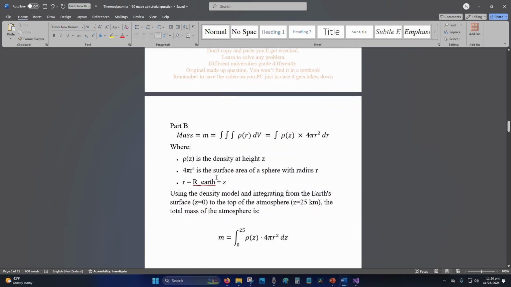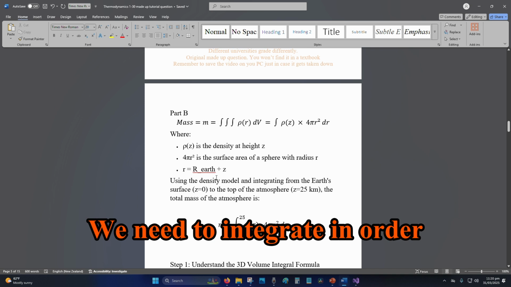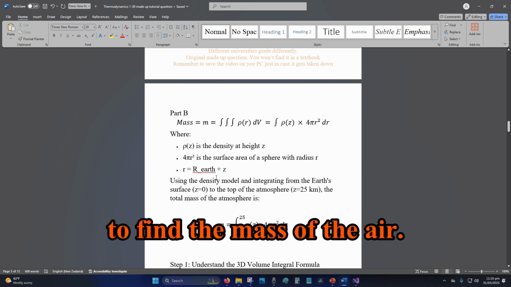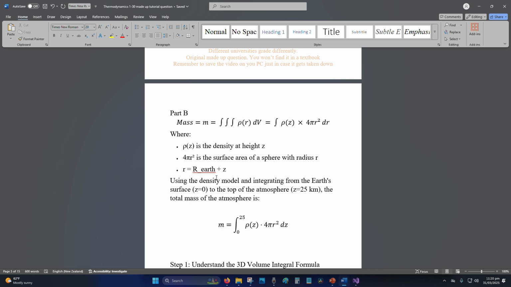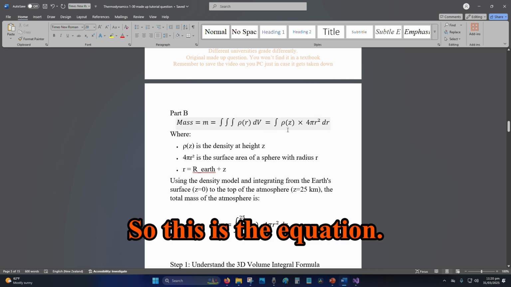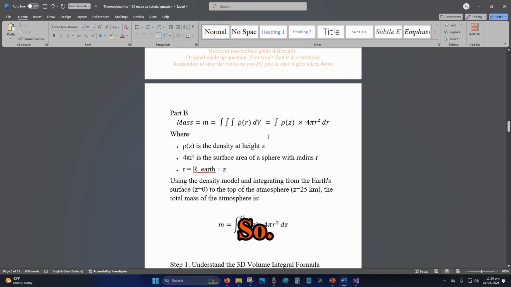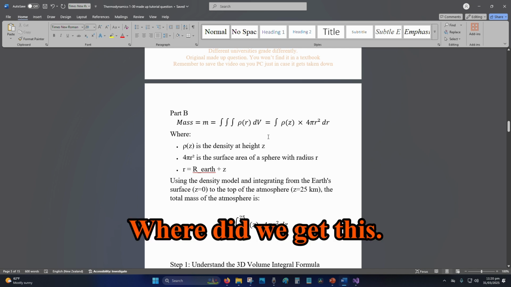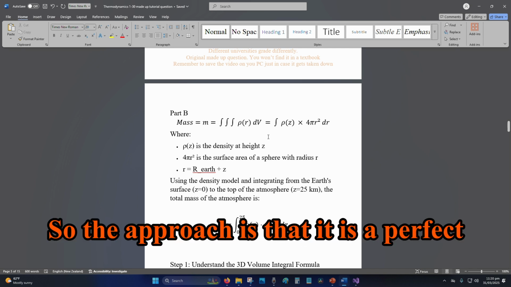Okay, so part B. We need to integrate in order to find the mass of the air. So this is the equation. So where did we get this? So the approach is that it is a perfect sphere.